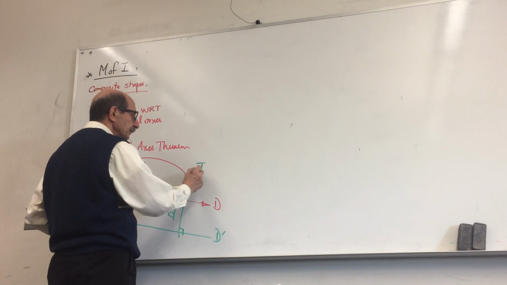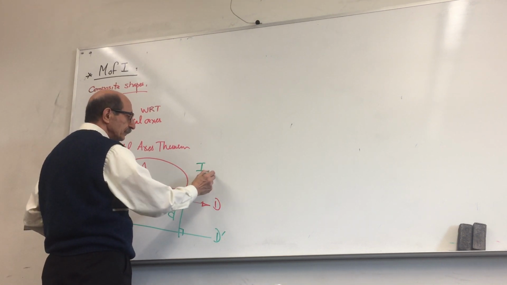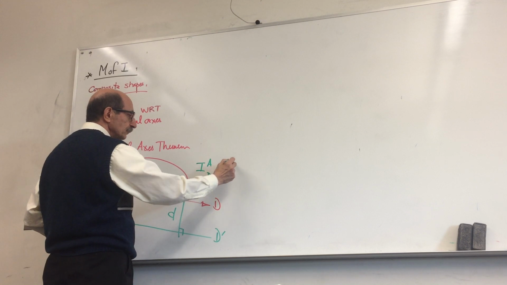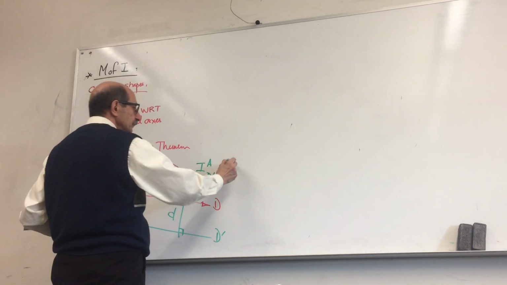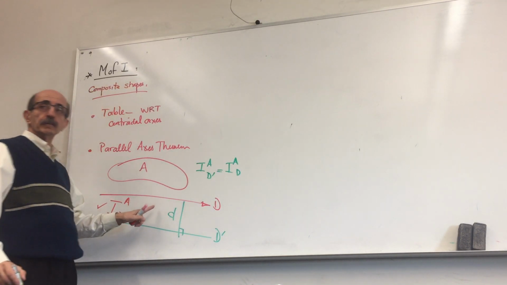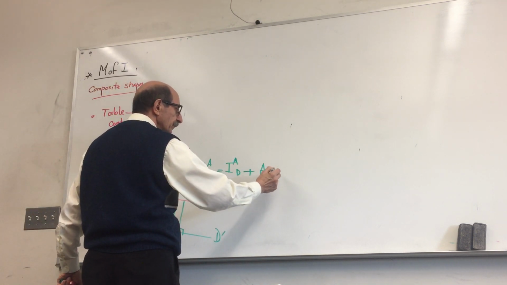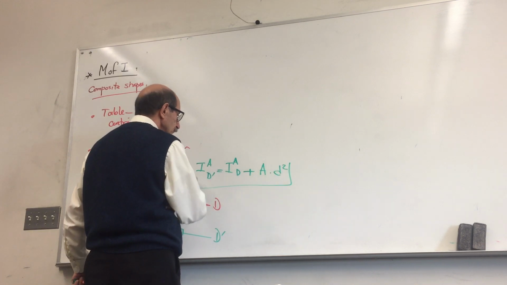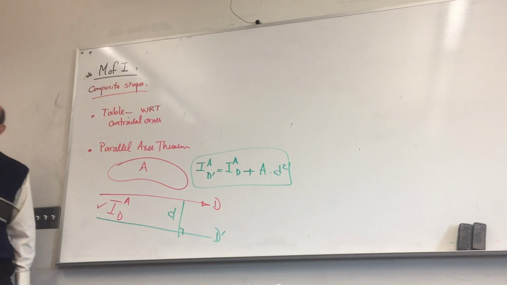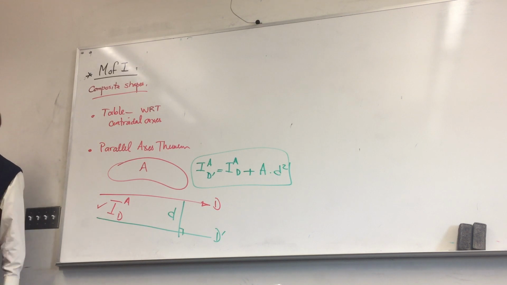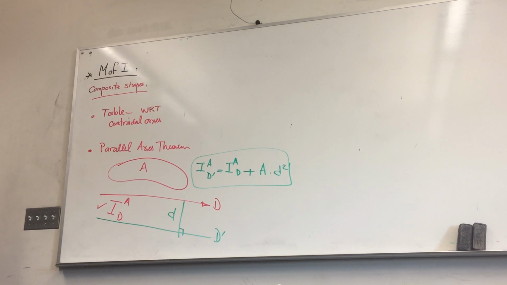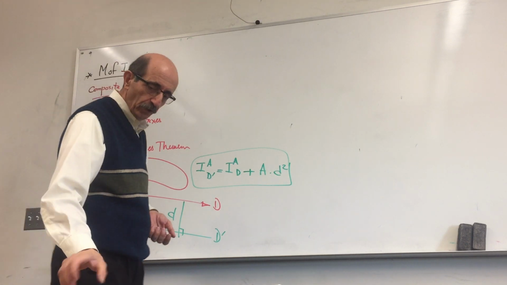You can just simply find the moment of inertia about this new axis by writing the moment of inertia that you had calculated about the old axis and add to that the area times the distance squared between the two. This was called the parallel axis theorem. These are two things that you really need to know before we go into composite areas and how you find the moment of inertia of those shapes.